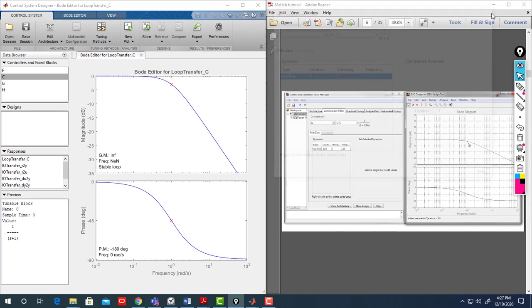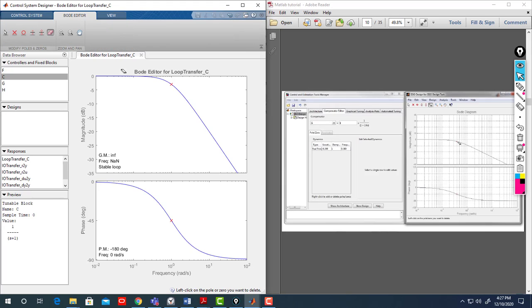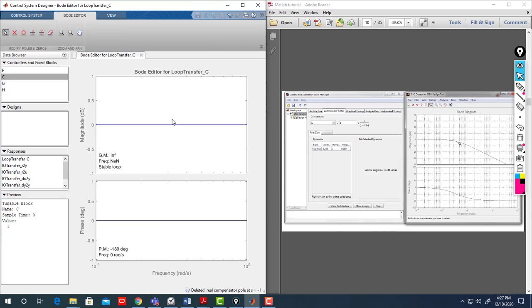All right, here you go. So what else in the tutorial? Okay, so they actually delete it. How to delete it? I click on it and then I delete it, so it returns to the original look. Then they decided to add a pole at 1 radian per second.